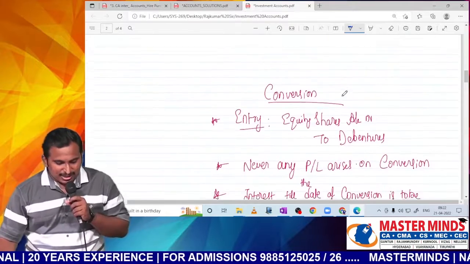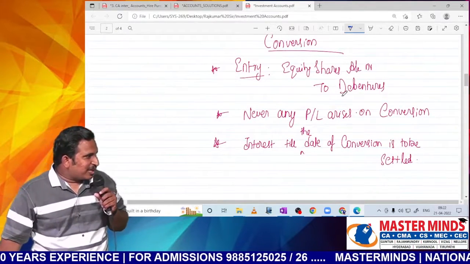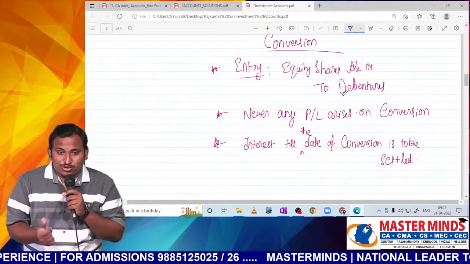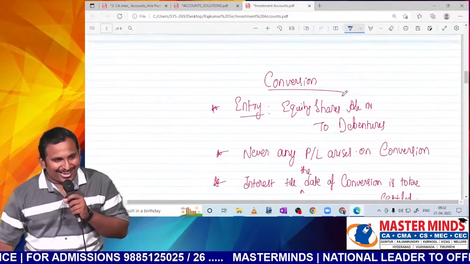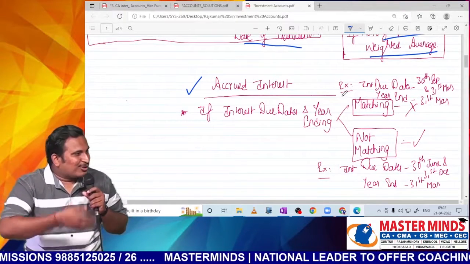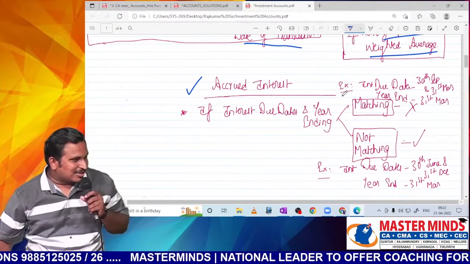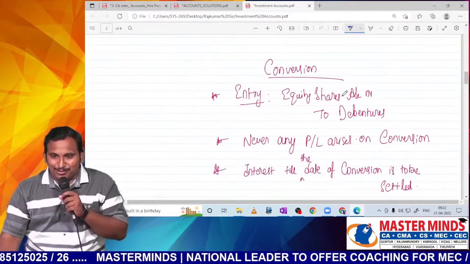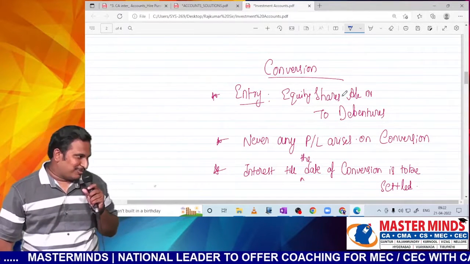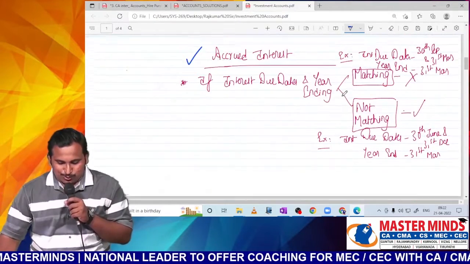Another one is conversion. Sometimes debentures may be converted into equity shares. You write the wrong answer here because you don't know the concept. Anyway, these two are usually committed as mistakes, so let us discuss them quickly.